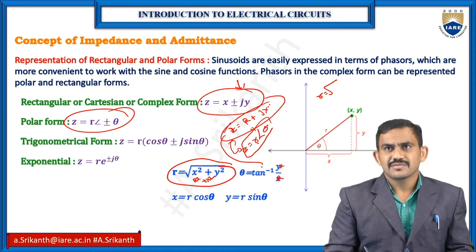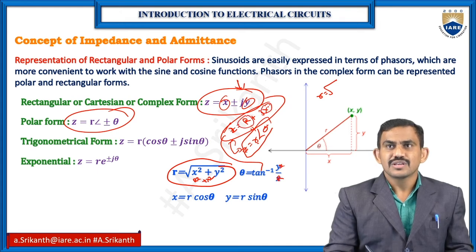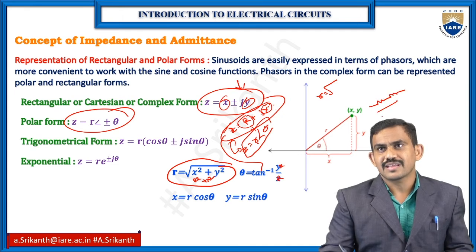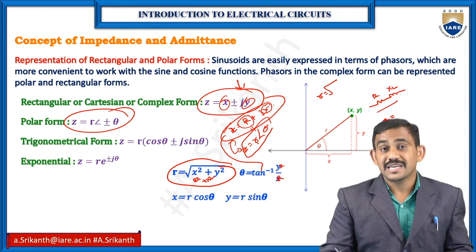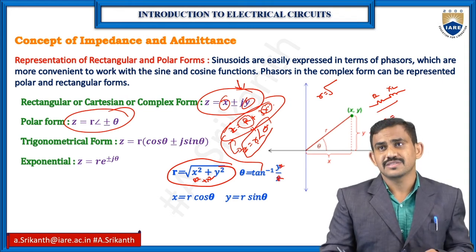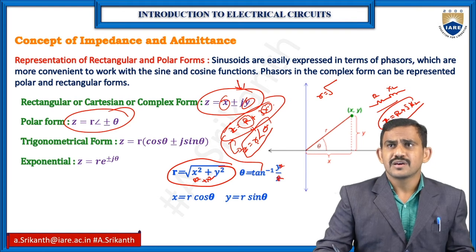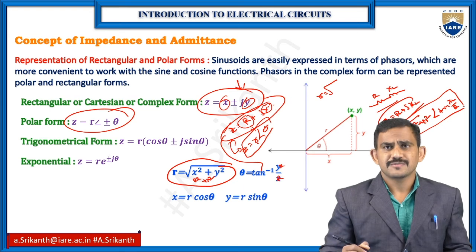Why I write r and x: when we have a resistor and inductor both in series, we have r and xL. Impedance is z, and admittance is the reverse of z, 1 by z. So the value is r plus j xL. For the polar form, it is root of r square plus xL square, angle tan inverse xL by r. So this is the polar form formula.